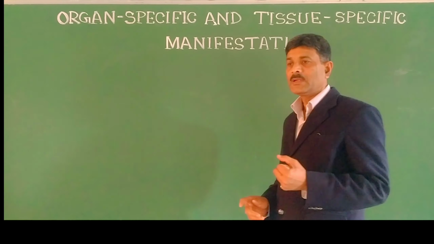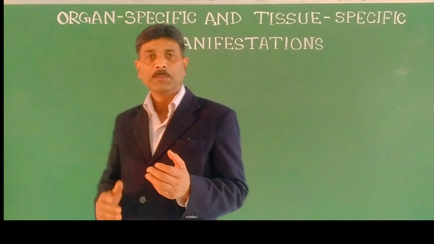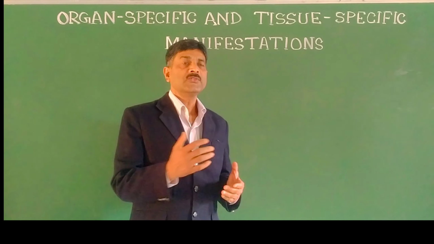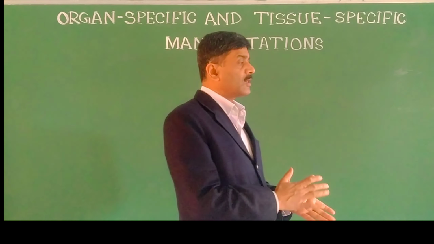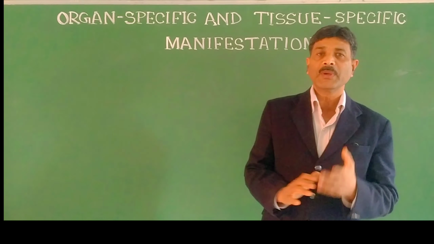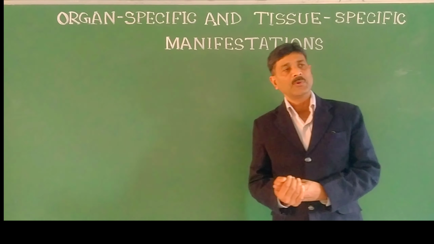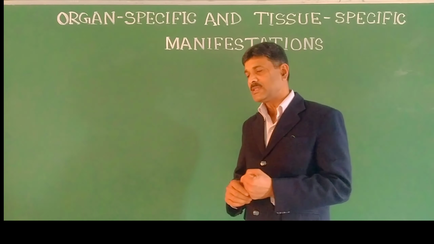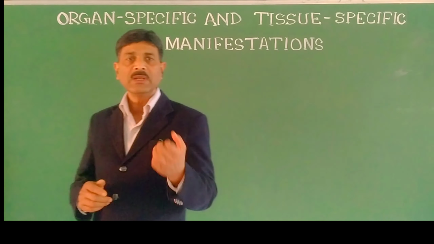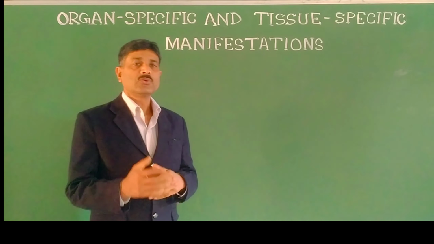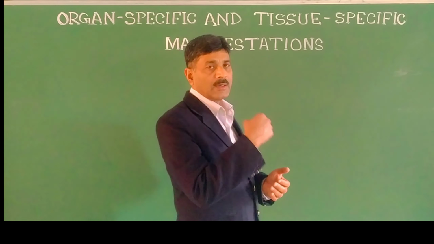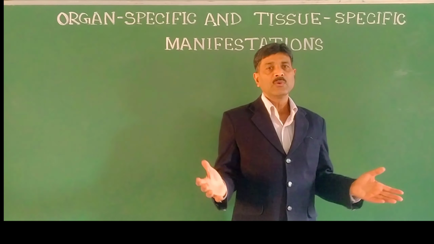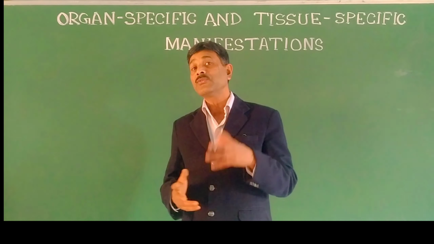Now it depends upon the path through which the pathogen has entered our body. Suppose the pathogen enters through the nostrils. That means the spread of disease is by air. They will enter our nose, then the trachea and bronchi, and finally infect the lung.